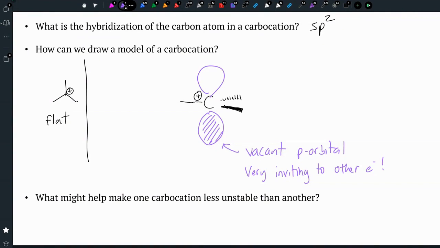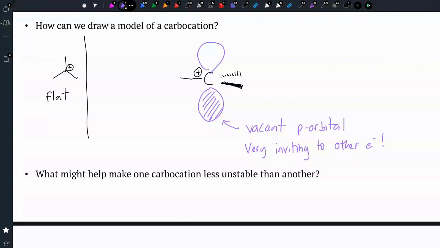So if we think about what might make one carbocation less unstable than another, the key factor is what other electrons are around that might get somewhat shared with that vacant p orbital and sort of ease the instability.